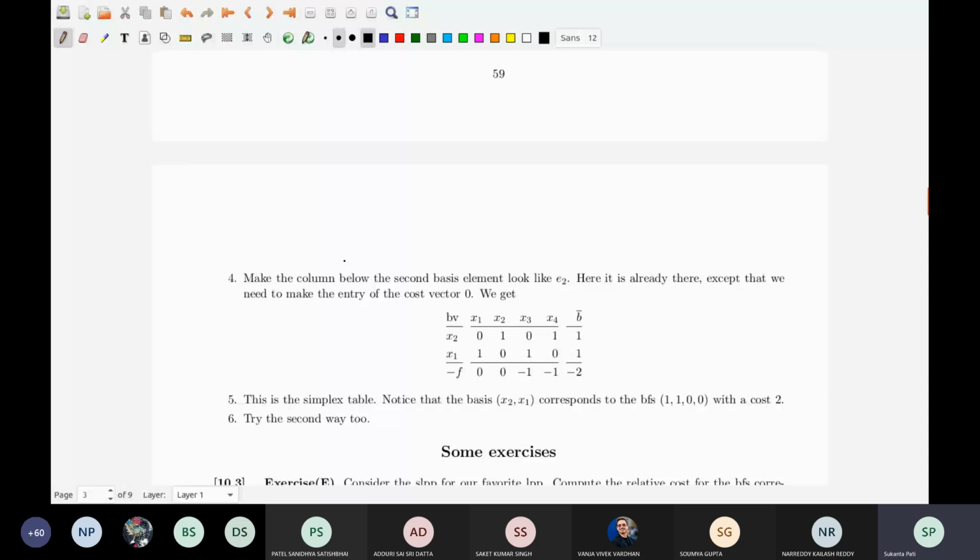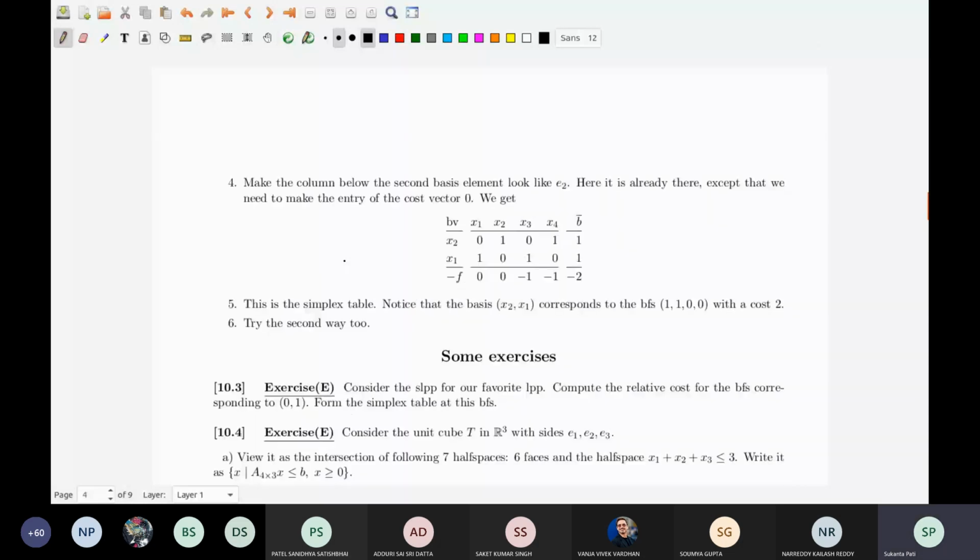Basically you will ask the computer to follow the elementary row operations, because that way the number of computations will be less. Ultimately the simplex method will employ that.